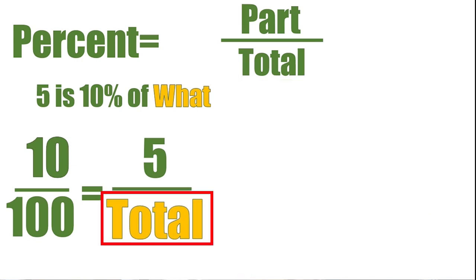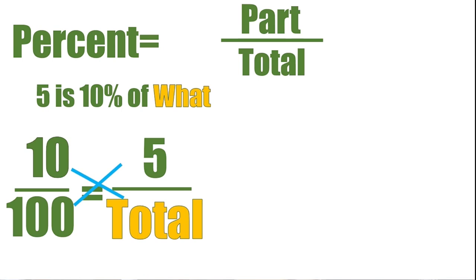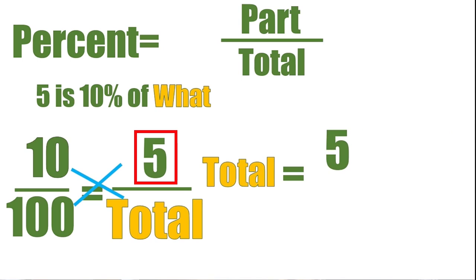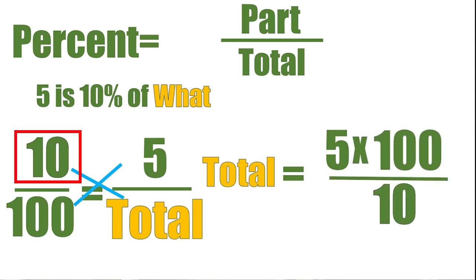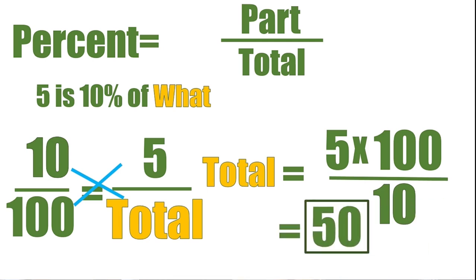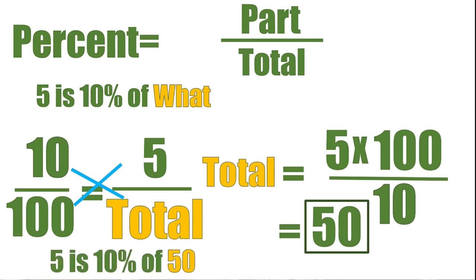This time around, since the total is on the denominator, in order for us to get it, we need to first cross multiply and bring it to the numerator. So when we cross multiply, our total is going to be this 5 times this 100, then we need to divide it by this 10. So when I do my calculation using the calculator, I'm going to get my total equals 50. So now we can conclude that 5 is 10% of 50.